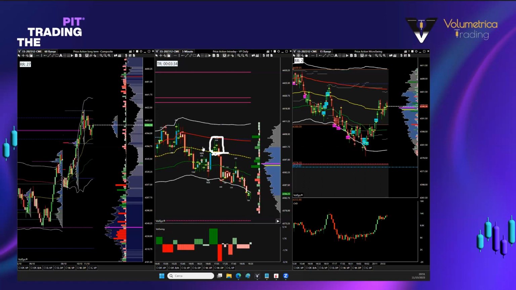Well, in the first bar, it tries to go up. It fails immediately, though. We have a closing of the candle creating a shooting star, which is what the candlestick pattern is called.